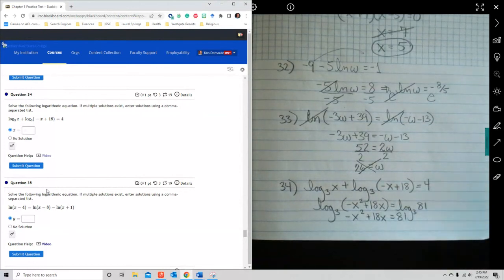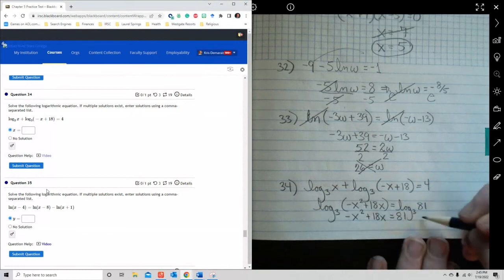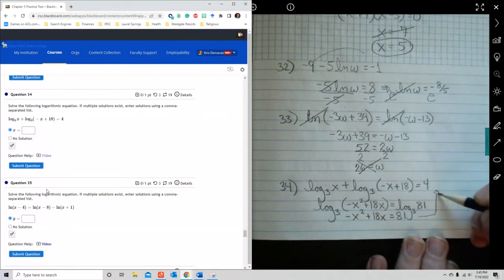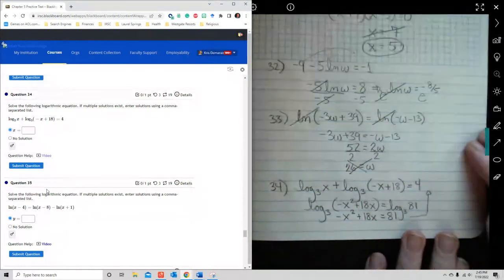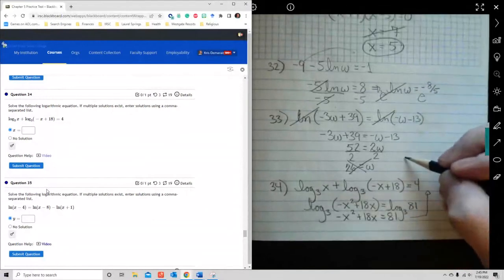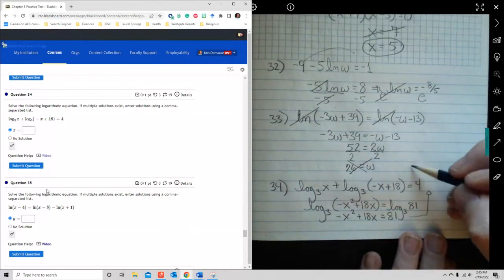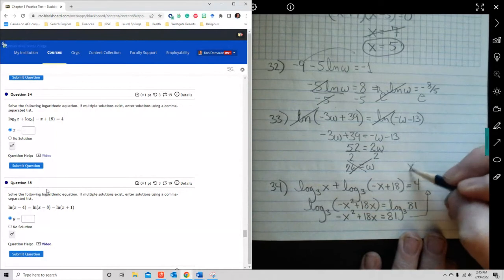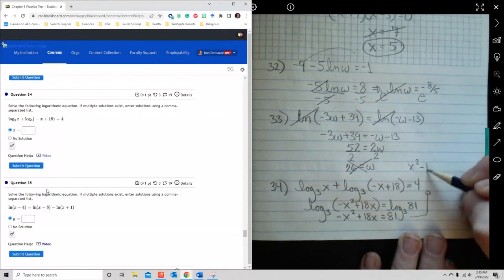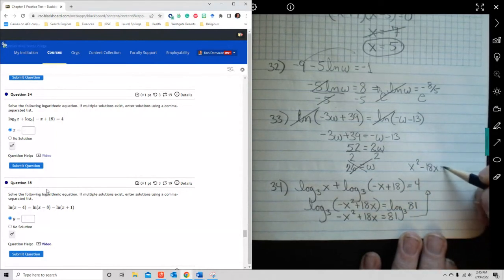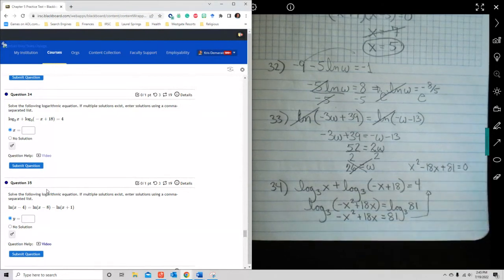And then I'm going to bring the 81 over, make it negative. I'm going to bring that up here because I'm falling off the page. I don't like the leading coefficient to be negative, so I'm going to bring everything over to the right side. So that's going to make it positive 2x minus 18x plus 81 equals 0.